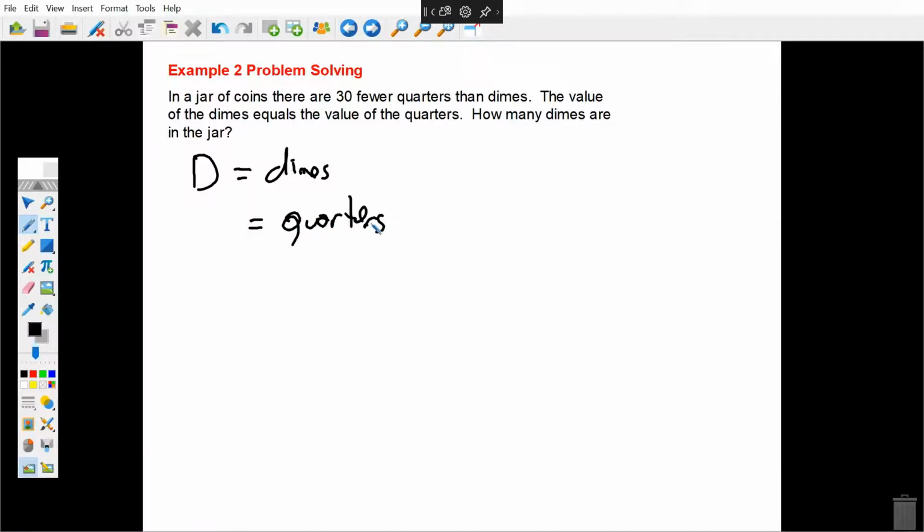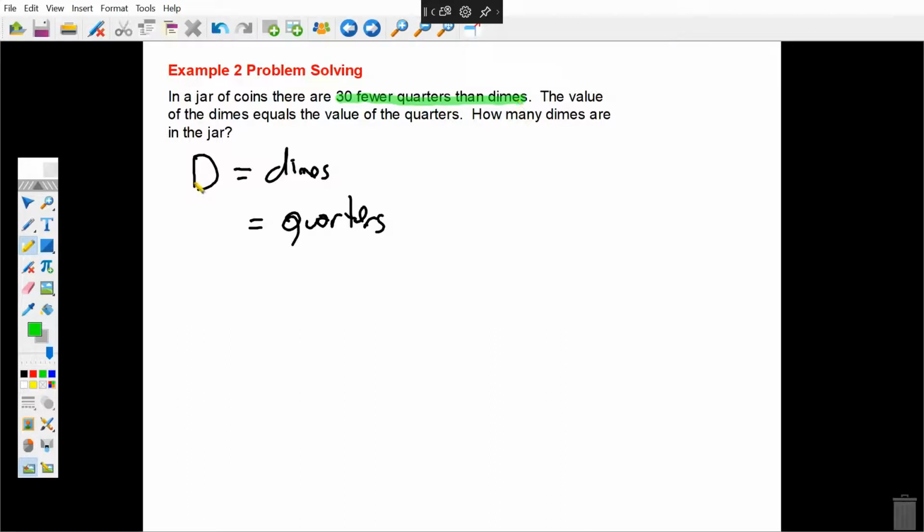And we want to try to avoid having two different variables, otherwise we can't solve it. So we need the quarters to be related to the dimes somehow. Well, the question tells us there are 30 fewer quarters than dimes. So if there was 50 dimes, 30 fewer than that would be 20.